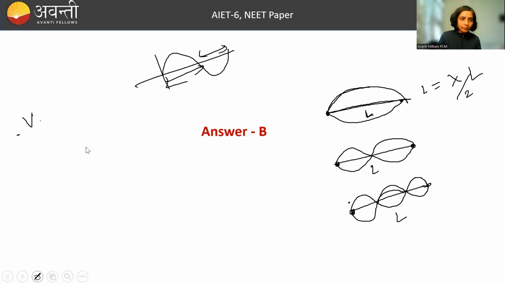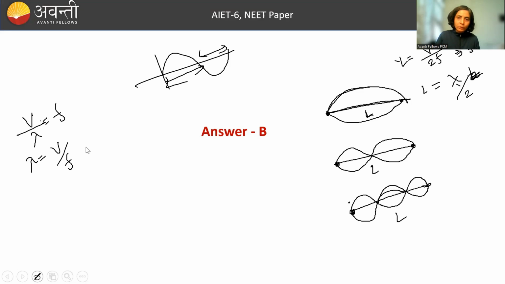V by lambda is equal to frequency. So lambda can be written as V by F. So L equals V by 2F, done, something like that.